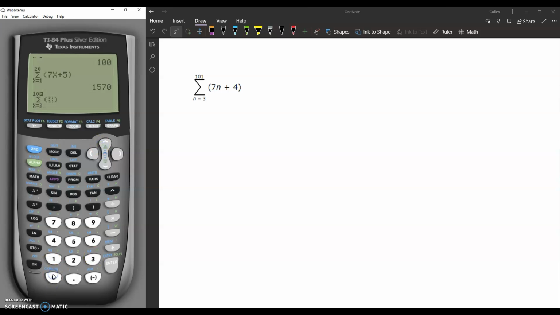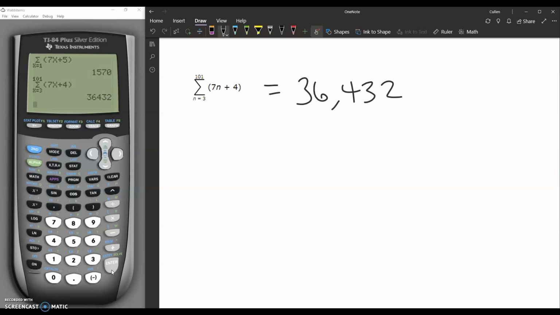So this is a rather large sum. And now, again, you can just plug in 7x plus 4, and it will spit out your answer for you. So this was 36,432.